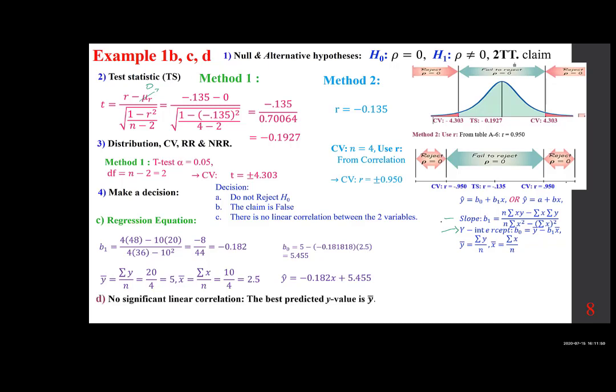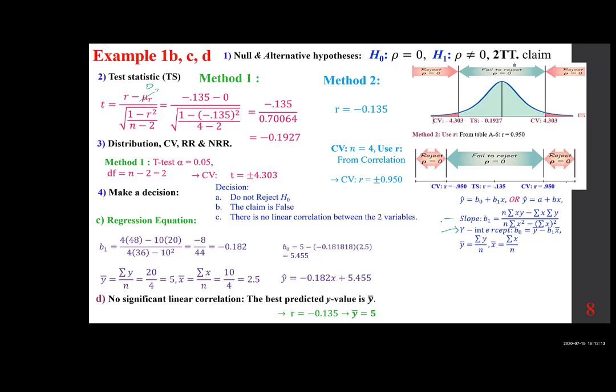What about the answer to this question? If you recall, we said there is no significant linear correlation. The best predicted y value is always y bar, regardless of the choice of x, because r is weak in essence. y bar is the answer.